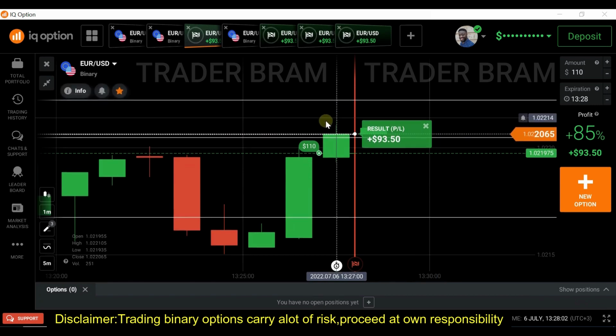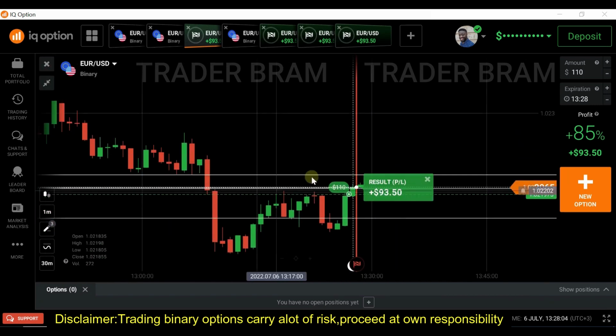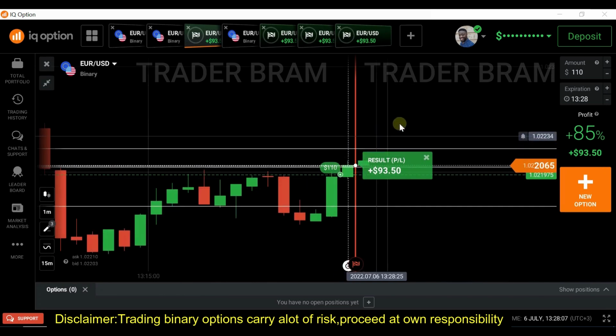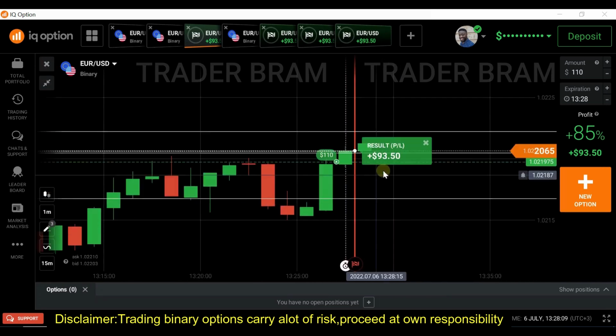So they have closed in between the level of support and resistance. In this situation, you just need to wait and see if you have a breakout or not.